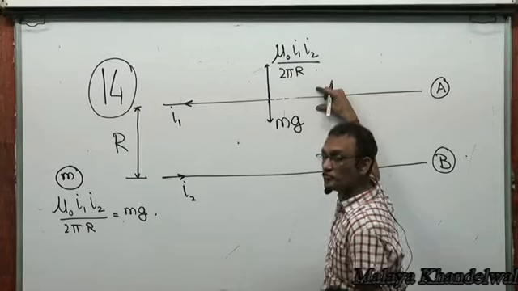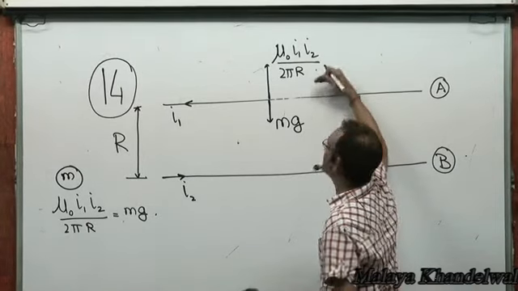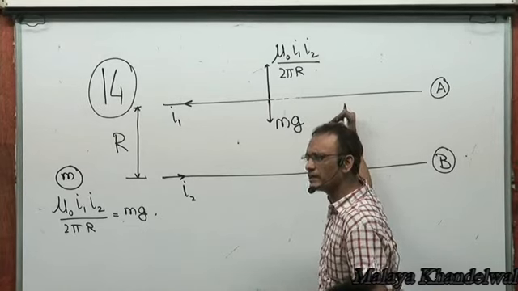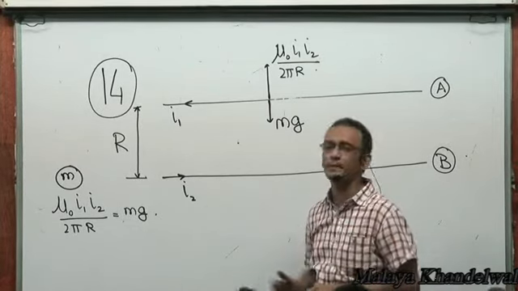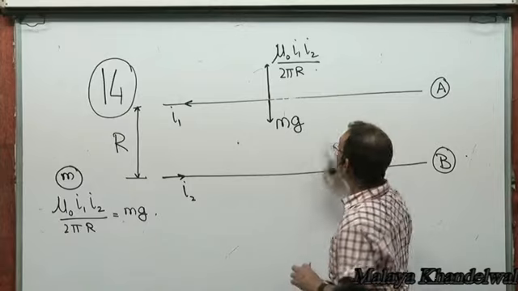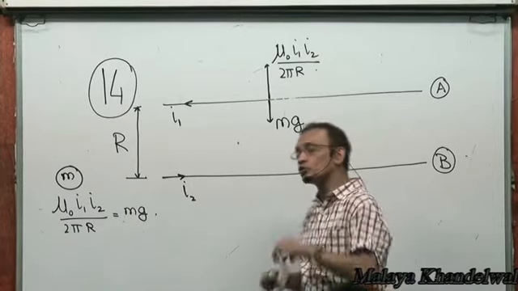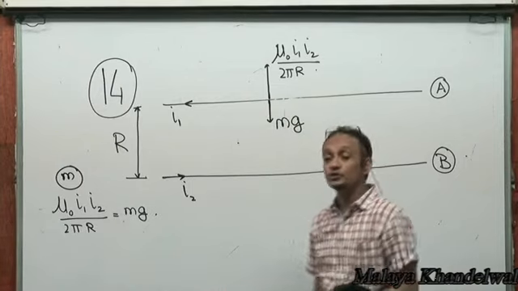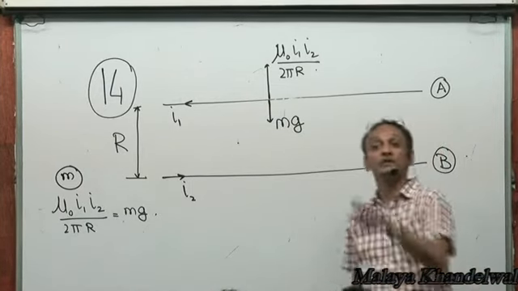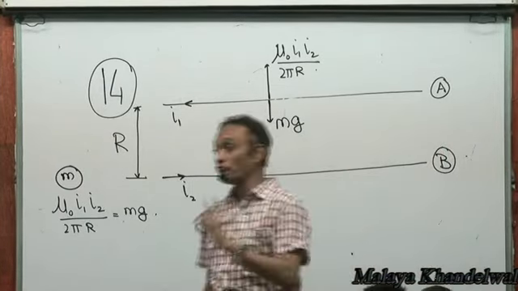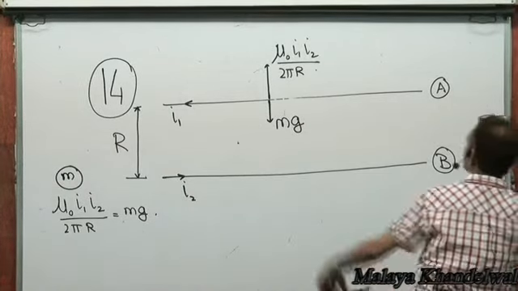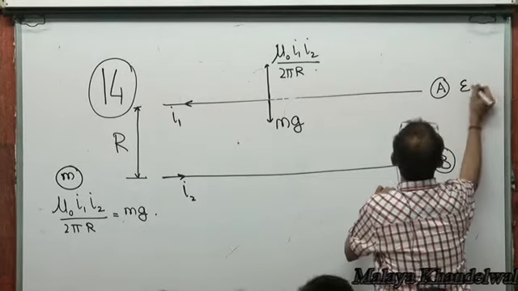Now, this movable wire is slightly displaced in the vertical direction, by an amount much smaller than r. I then want to show that the motion of A is going to be simple harmonic, and second, I want to find the angular frequency of oscillation of A, right? So let's say this is the equilibrium position for A, EP.